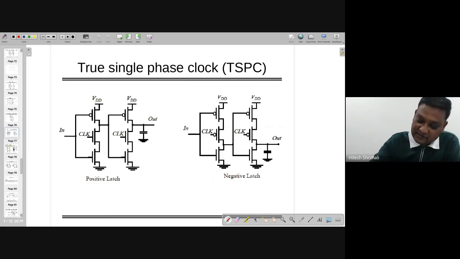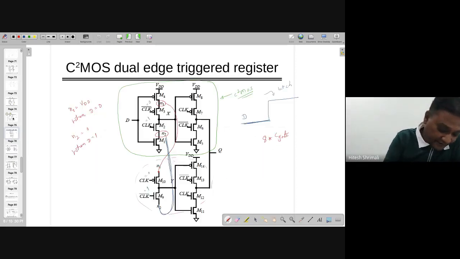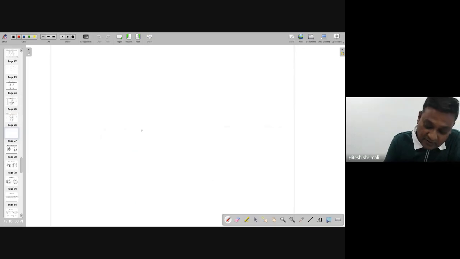The next one is okay. Here in all these things, why is it happening? Because we had clock as well as clock bar, right? All the gates were working on the application of two clock phases, clock and clock bar, which are 180-degree phase shifted to each other. Whereas I'm proposing a technique where there is only one clock, either clock or clock bar.